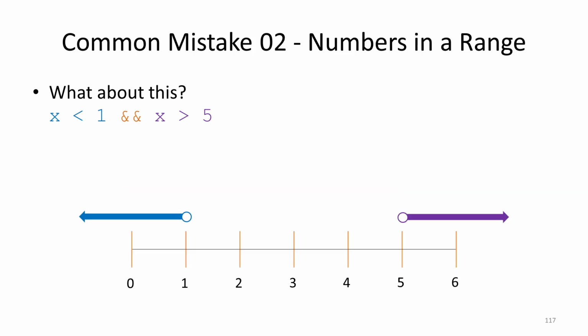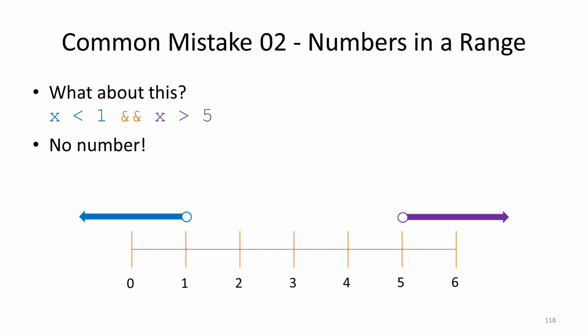How about this? This is another common mistake. What kind of numbers would represent this range? x less than 1 and x greater than 5. And the answer is no number, because you're dealing with the AND, which would be the correct Boolean operator for a range, but the comparisons are not correct.